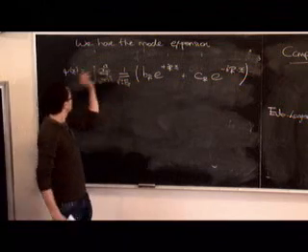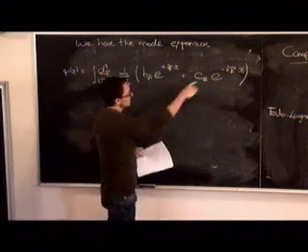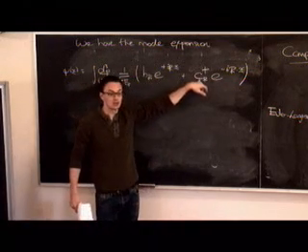Okay, so it's exactly the same as for the real scalar field, but for the real scalar field, I had A and A dagger. Sorry, I should have put a dagger on here. For the complex scalar field, I'm going to have B, and I'm just going to call this C dagger.